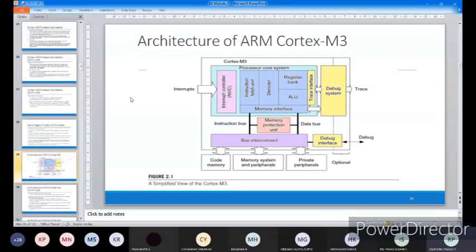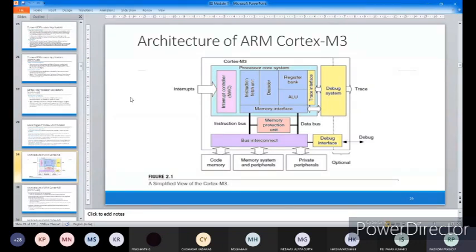We are into the actual architecture of ARM Cortex M3. This is similar to what you observe as a block diagram of a microprocessor or microcontroller.